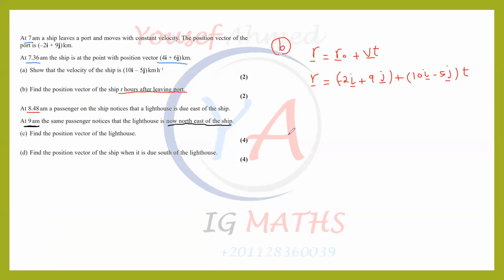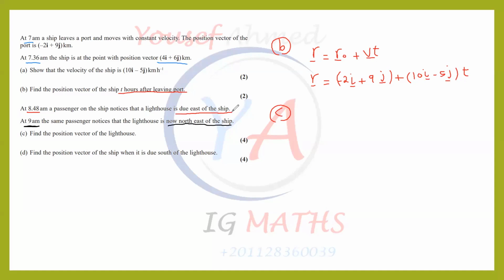What we'll do in part C is, part C talks about two different situations. At 8:48 a.m., a passenger on the ship notices that the lighthouse is due east of the ship.